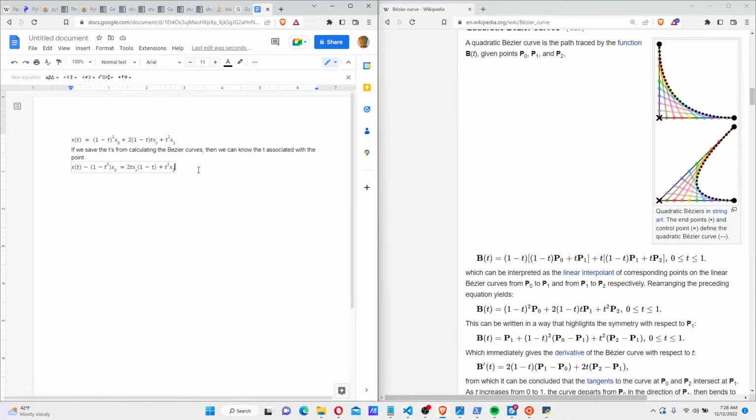So you basically get a relationship between x sub c and x sub 2. They have to be related somehow, if it passes through the point. Oh, I know.